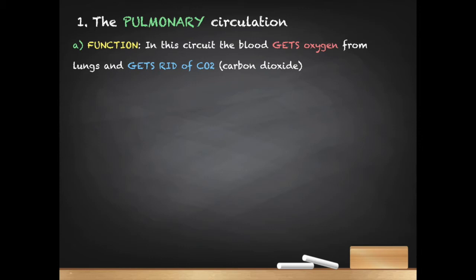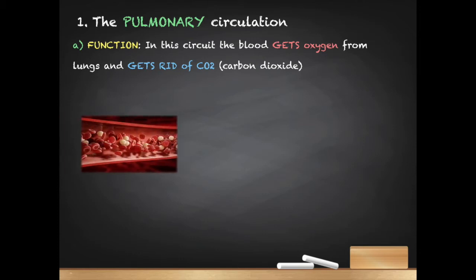In this circuit, the blood gets oxygen from the lungs and gets rid of carbon dioxide. That's the function. If you don't know a word, search it on the internet.